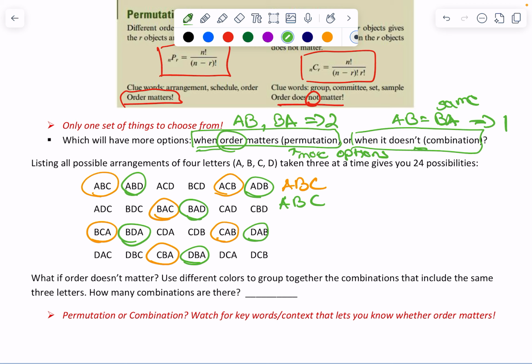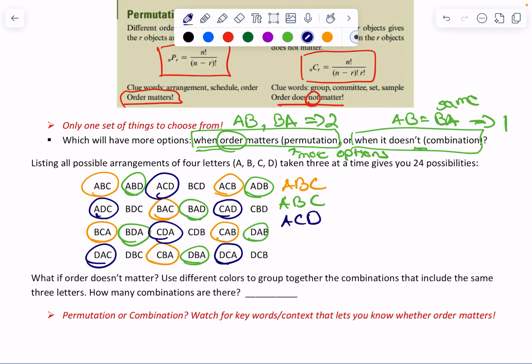Next, we're going to take ACD. So we've got ADC, CAD, CDA, DAC, and DCA. All of these have the letters ACD, just in a different order.